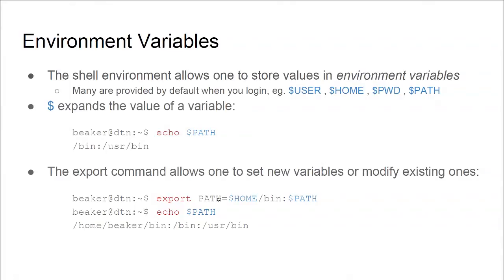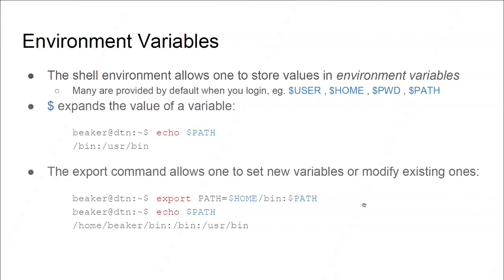I can set PATH to be equal to my HOME variable followed by /bin, and then separate that with a colon, and then the pre-existing PATH. You can see what happens is this expands when I echo it. It expands to be /home/beaker, which is my HOME variable, followed by /bin, then a colon, followed by the pre-existing PATH, which was /bin:/usr/bin.